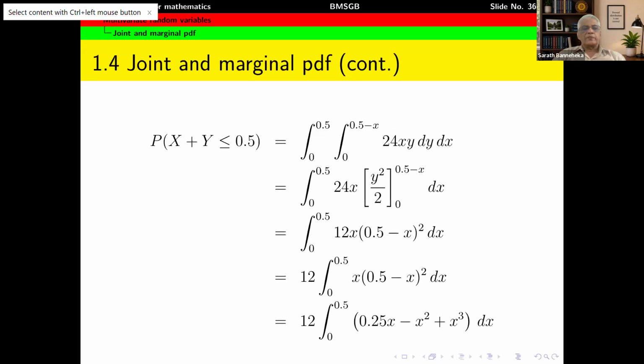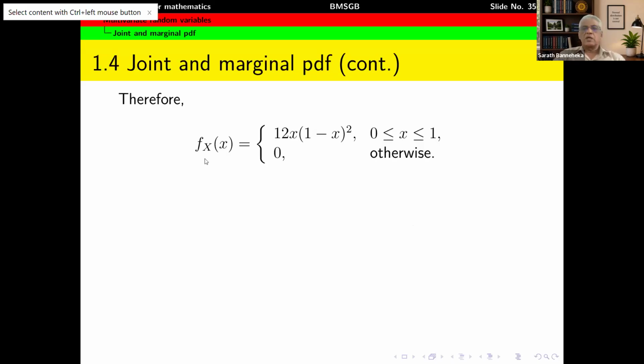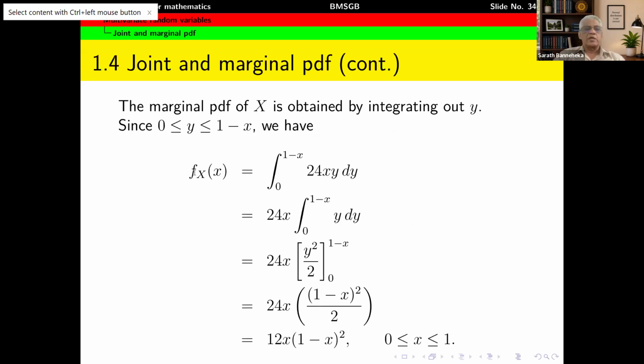And similarly, you can get the density function of y, as I mentioned, by integrating. In that case, this will be f capital Y evaluated at some simple y. You are integrating this with respect to x, but the limit will then be 0 to 1 minus y. Right.